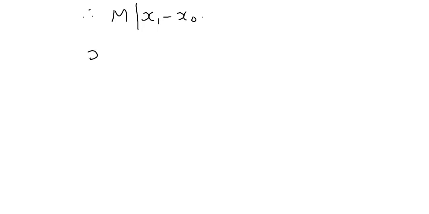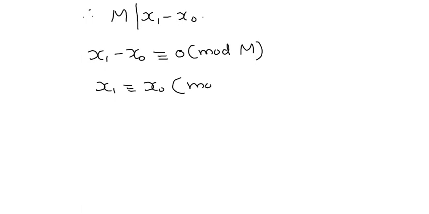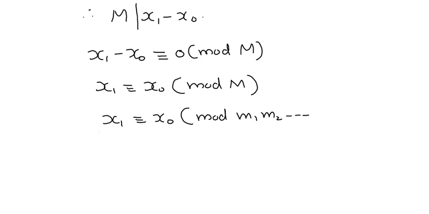So x1 minus x0 is a multiple of capital M. So x1 minus x0 is congruent to 0 mod capital M. So x1 is congruent to x0 mod capital M, where capital M is small m1 into small m2 into etc. small mk.